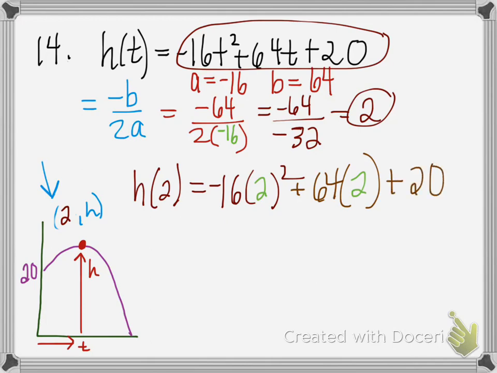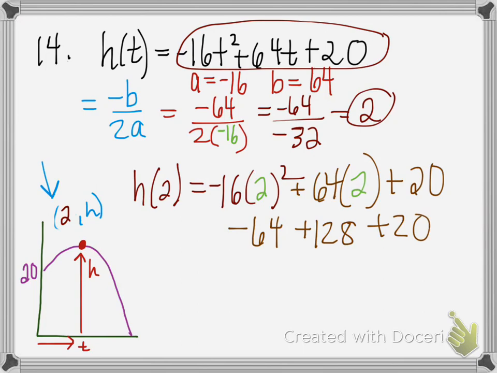Alright, so my first term here, I know that I have to apply exponents first, so 2 squared is 4, and 4 times negative 16 is negative 64. My middle term should be twice as big, an opposite sign, and 64 times 2 is 128, and that worked out. And then plus 20.